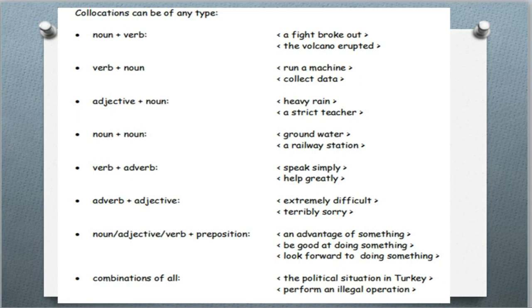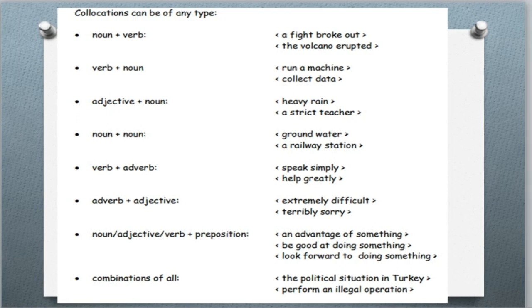Adverb plus adjective. Extremely difficult. Noun, adjective, verb plus preposition. An advantage of something. Be good at doing something. Look forward to doing something. And combinations of all. And we need to be aware of the collocations and we need to recognize them when we see or hear them because they will help us a lot.